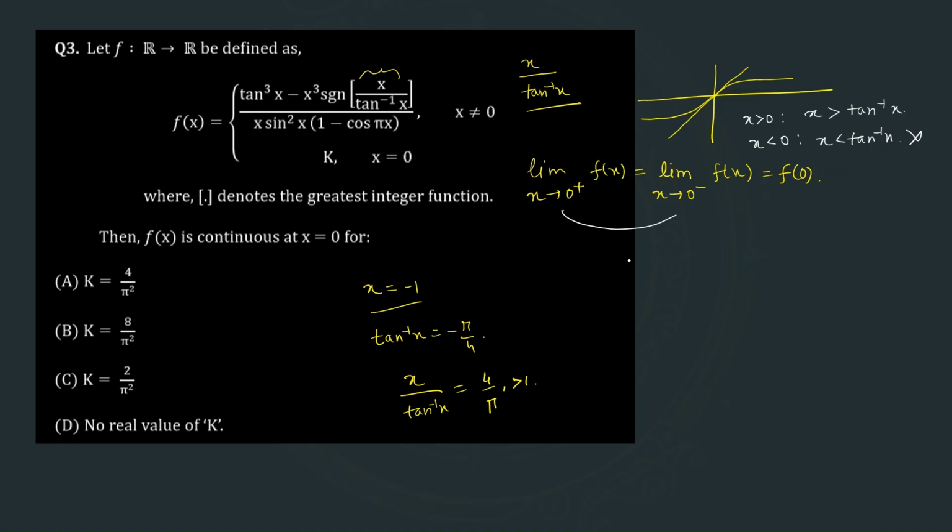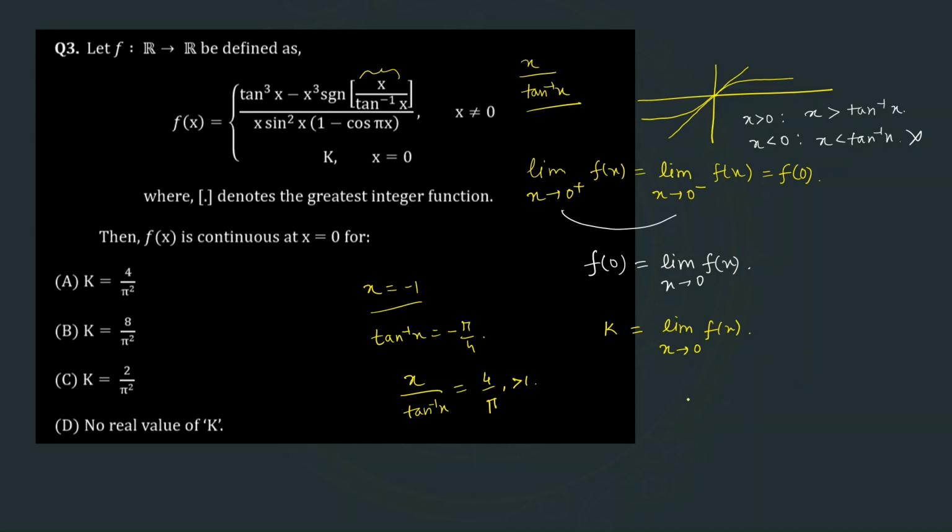So by the definition of continuity, f of 0 should be equal to the limit as x tends to 0 of f of x. So now we have to calculate the value of k by this equation. f of 0 is k. It will be equal to the limit as x tends to 0 of f of x. So we analyzed the behavior of this f of x for x less than 0 and x greater than 0.